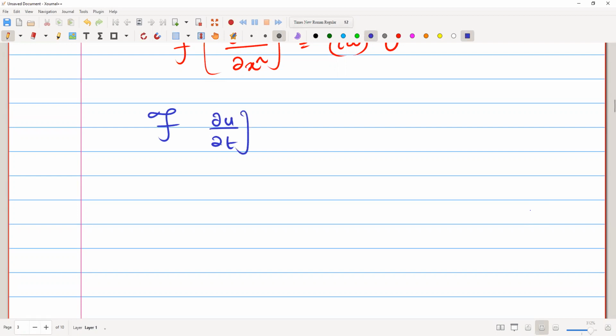Simply, if we know that u is a function of x and t, for instance, then we have two partials in the equation, that is one with respect to t and one with respect to x, right? So if it's with respect to t, then what we need to do is again the same thing, from negative infinity to positive infinity. We are going to integrate this derivative with e^(-iωx) dx.